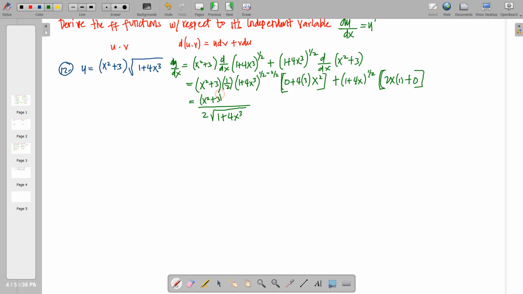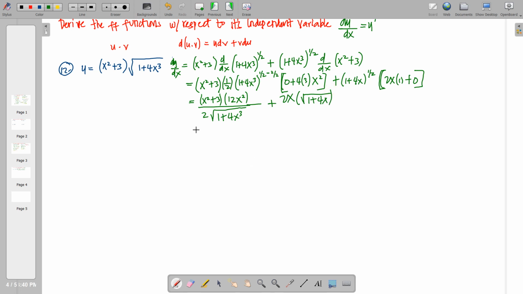The numerator shall be multiplied by this term. We have 12x squared, and then plus 2x times square root of 1 plus 4x cubed.